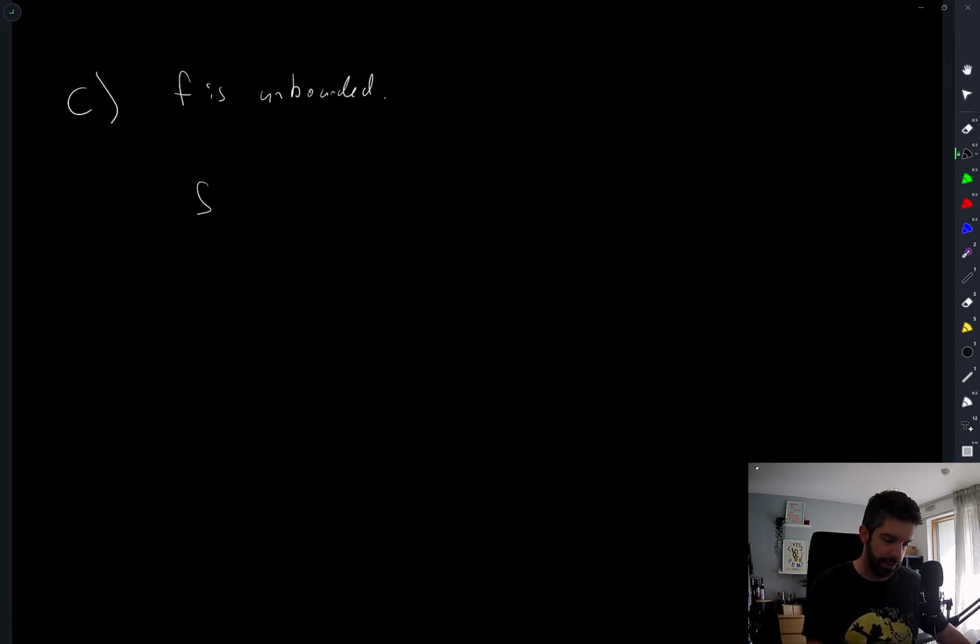Let's let f be equal to x sine x. So it's unbounded. The problem is that it comes back to 0 infinitely often. I can find arbitrarily large values of x where this is equal to 0.